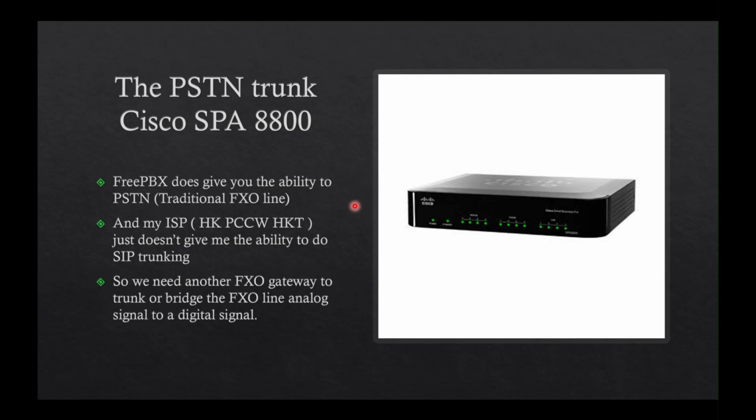In some other regions, like mainland, you can just register a SIP account and everything is done. Here, we need another FXO gateway to convert the analog signal to a digital signal, so you are able to call PSTN lines and answer calls from your Cisco phone.